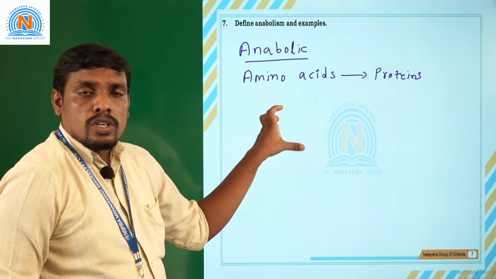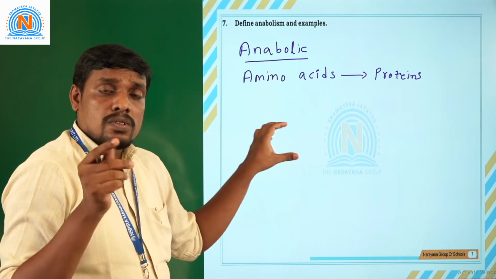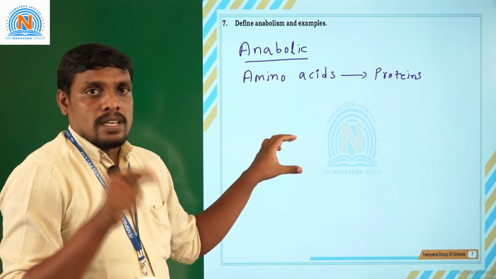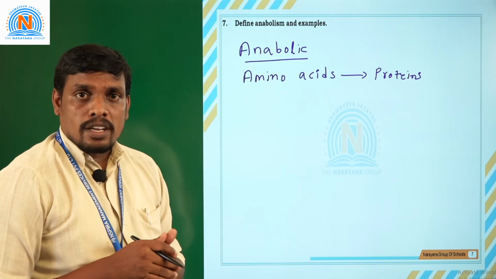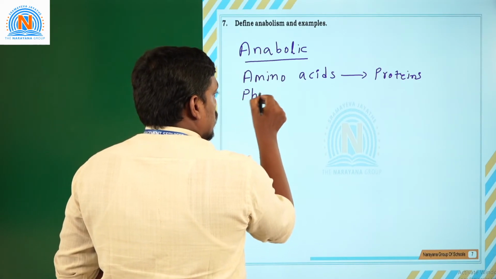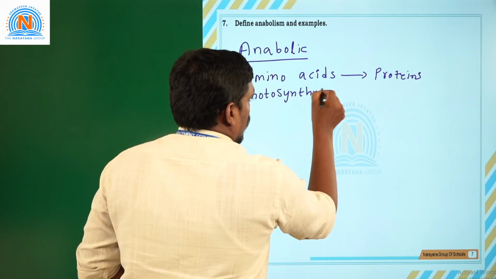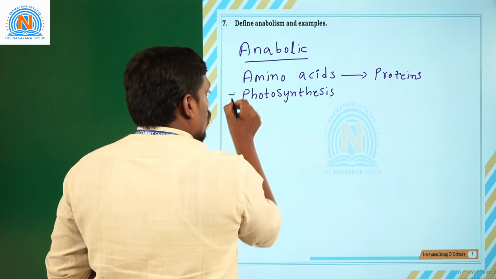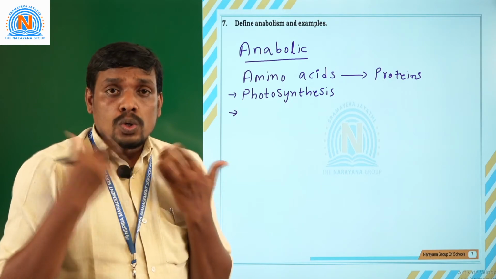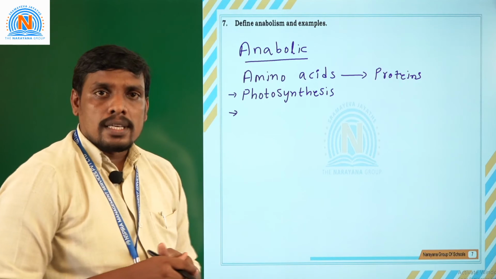Anabolism is a biochemical reaction which includes construction of simple substances into complex substances, which are called anabolic reactions. Photosynthesis is the best example of anabolic reactions. Not only photosynthesis, but also certain growth activities that take place in our body are considered anabolic reactions.